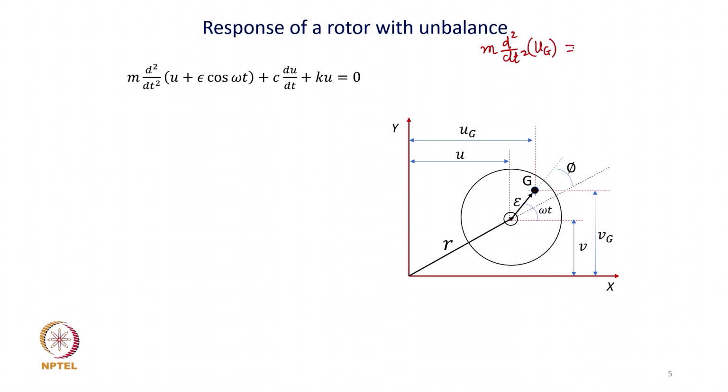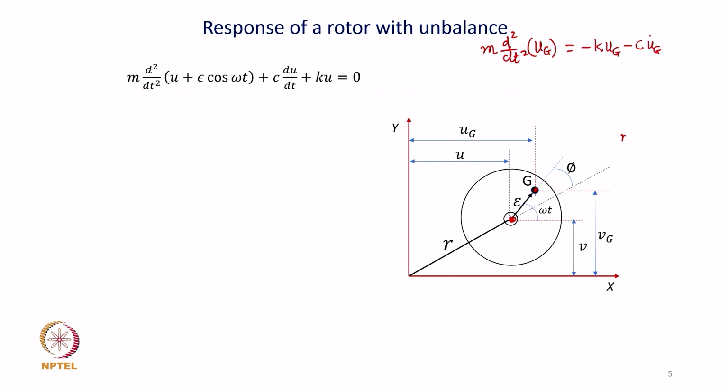Mass times acceleration is equal to what? Now, what are the forces which are going to act? So, we are talking about the acceleration of the mass center, right, but is the disk getting restored to its bearing axis position by, can we write this as minus k times ug and the dissipating force as minus c times ug dot?